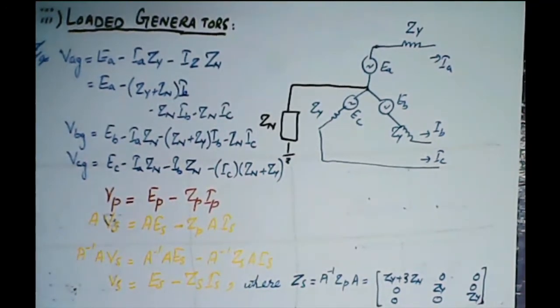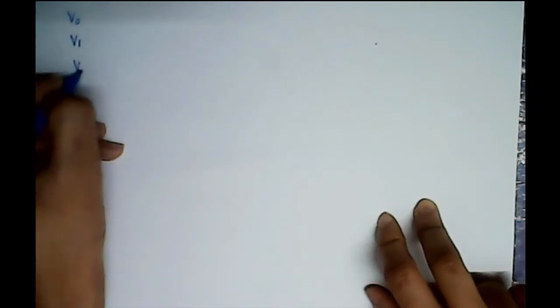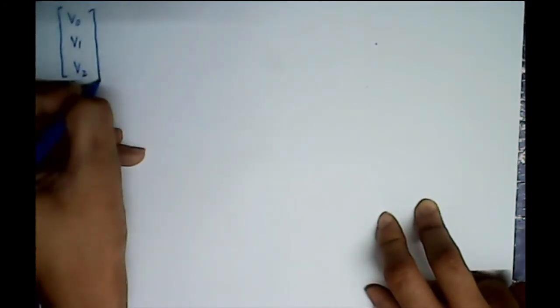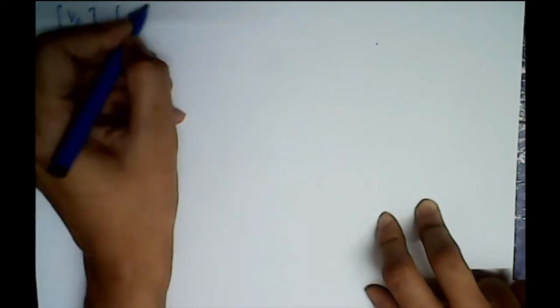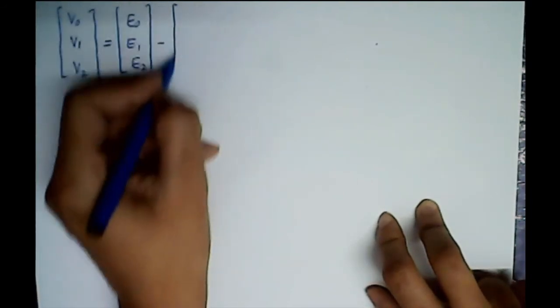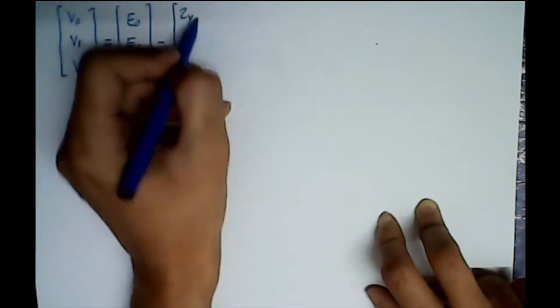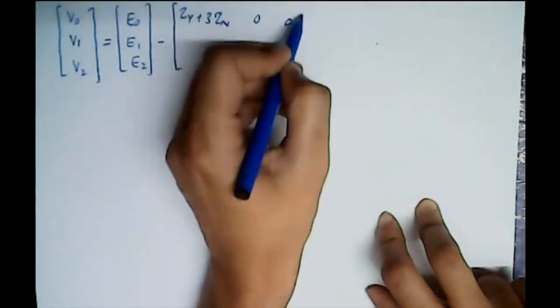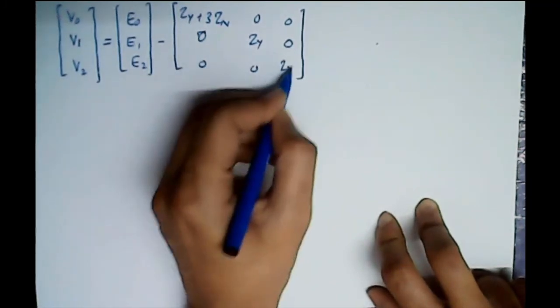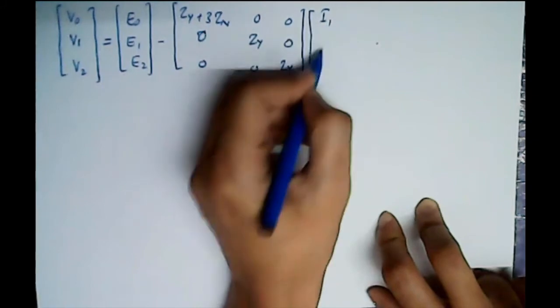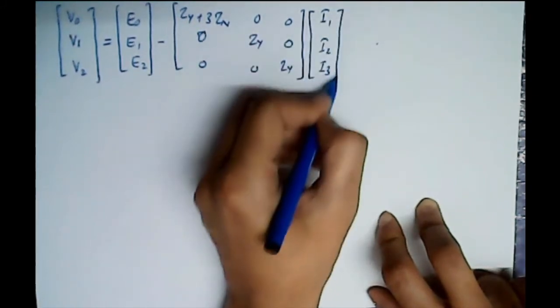So now the sequence components will be V0, V1, V2 equals E0, E1, E2 minus that matrix times I0, I1 and I2, right?